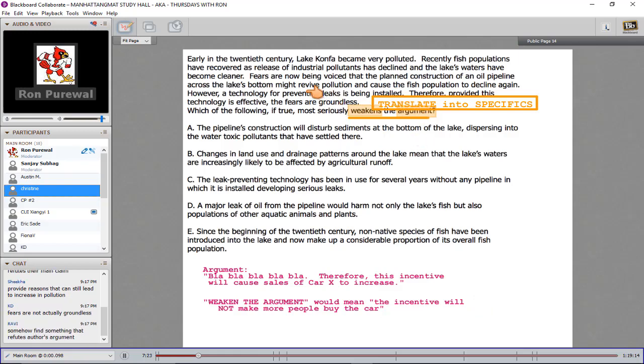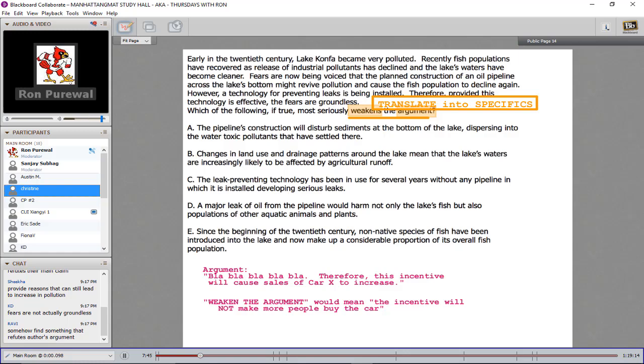So let's talk about what, and I mean, fears and groundless is still not specifics. Like that's still abstractions. Like the words fears and groundless, those are still kind of like the words weaken and argument. They're still not words that really mean anything.